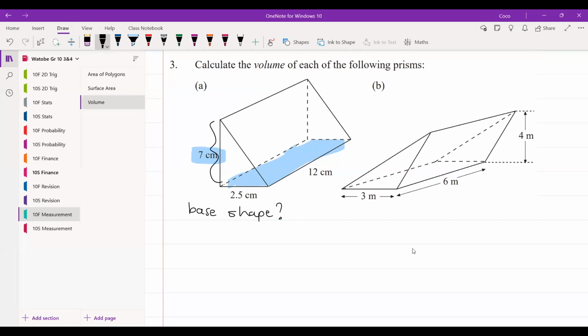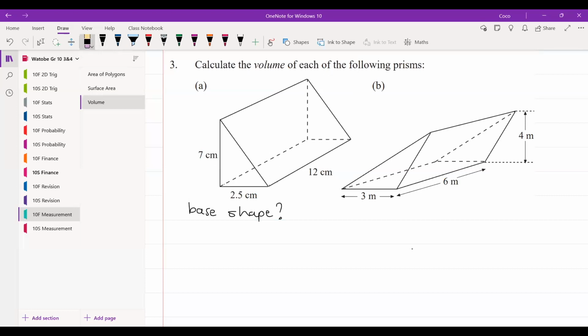But this height only represents one part of our height. What about the height on this side? There's no height on the other side of this shape. So the rectangle at the bottom could not possibly be our base shape because the height that we're using doesn't reflect the height of the whole shape.